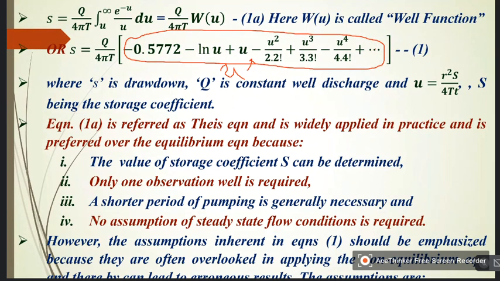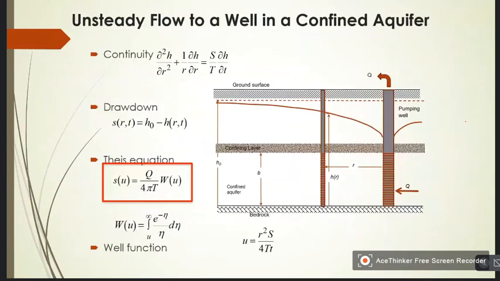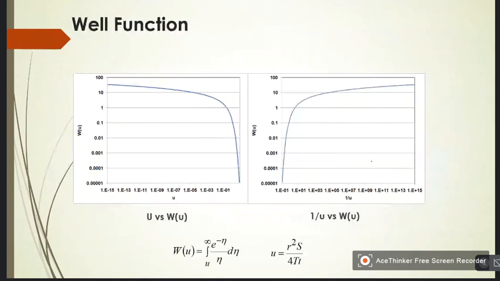Only thing is, how many terms you will take depends upon your accuracy and the magnitude of the constant U. So here if you see, U is taken from 1 into 10 to the power of minus 15 to 1 into 10 to the power of minus 1. So that is the range it has been taken.